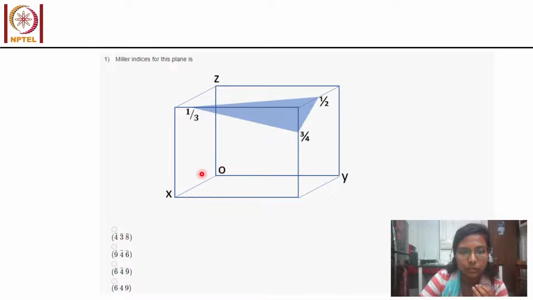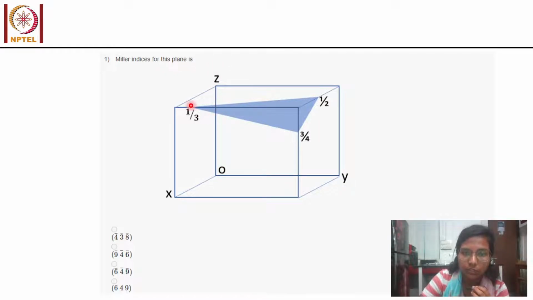Now how do we find out the intercepts for the x, y and z axes? We find the intercepts with respect to some origin. Here we can see this O is the origin. This is my plus x direction, this is my plus y direction, and upwards is my plus z direction.